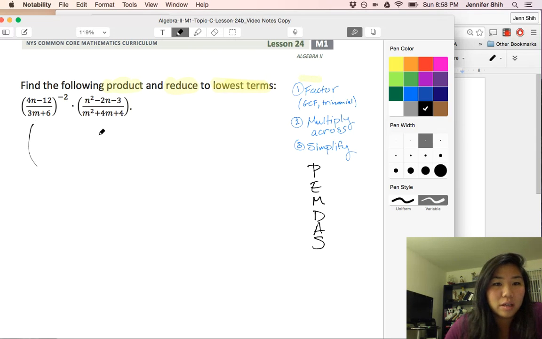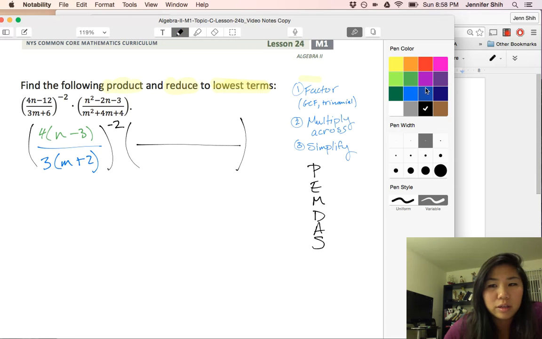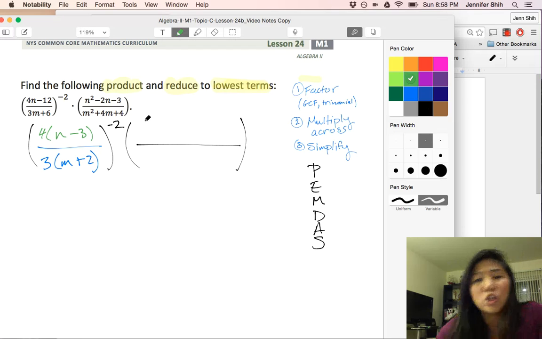So inside these parentheses, I'm going to factor out a 4 and get n minus 3. I'm going to get 3, and I'm factoring out a 3, and I have m plus 2. Be careful, these are different variables. And then I'm going to factor out the insides of this term.